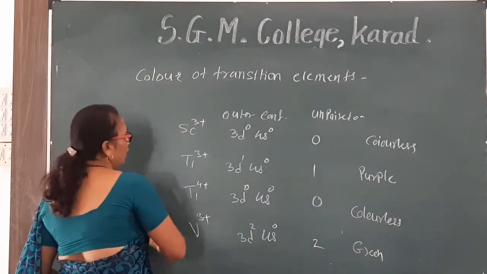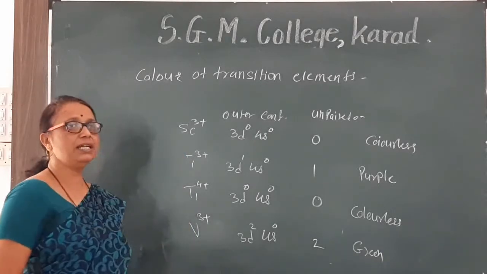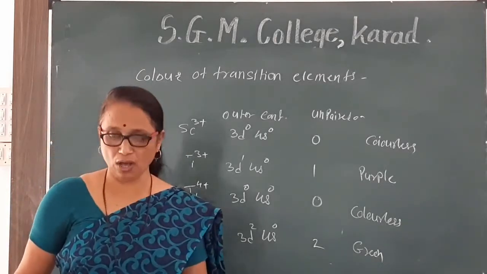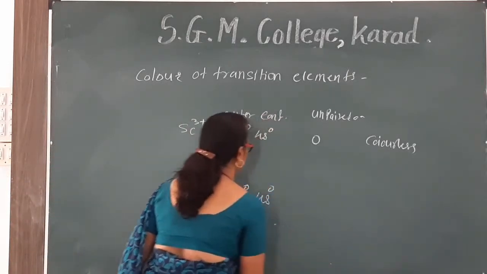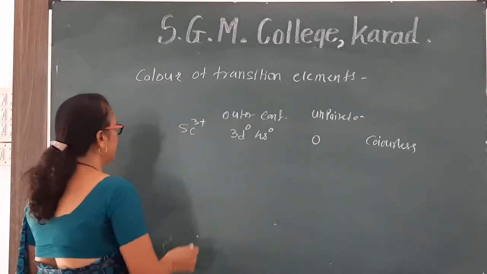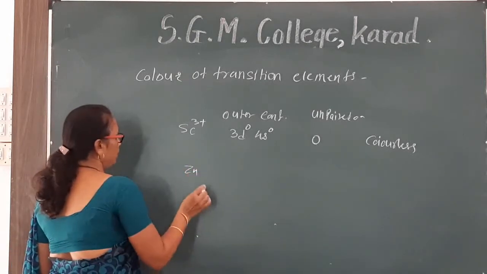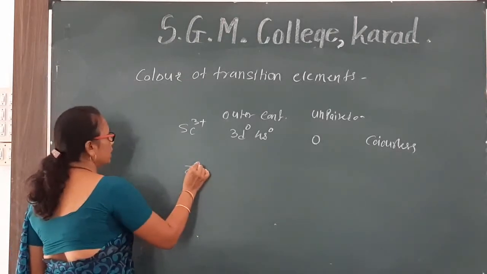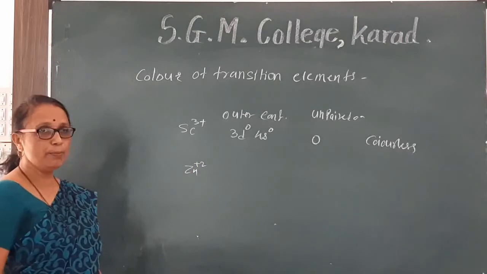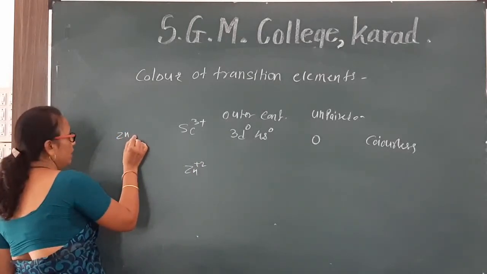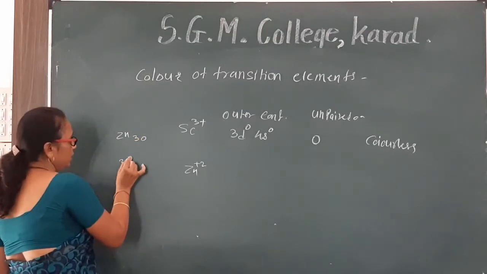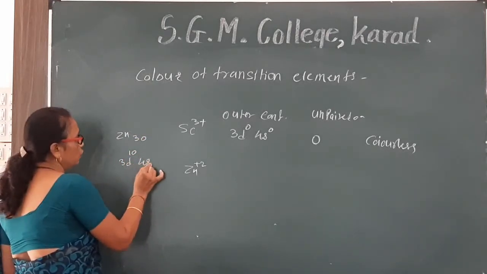Similarly, we can find out whether a compound is colorless or colored. We can see zinc. Zinc is the last element which has only one oxidation state, that is Zn 2+. Zinc atomic number is 30, configuration is 3d10 4s2.